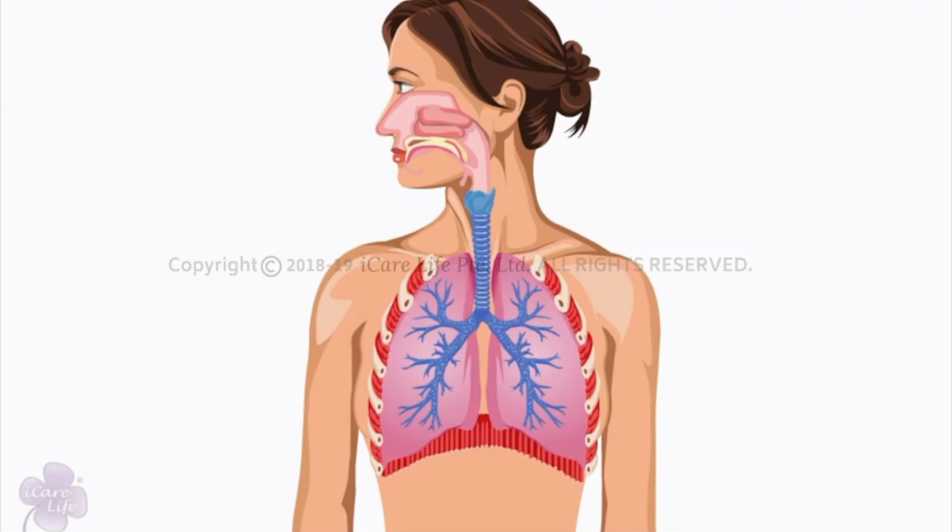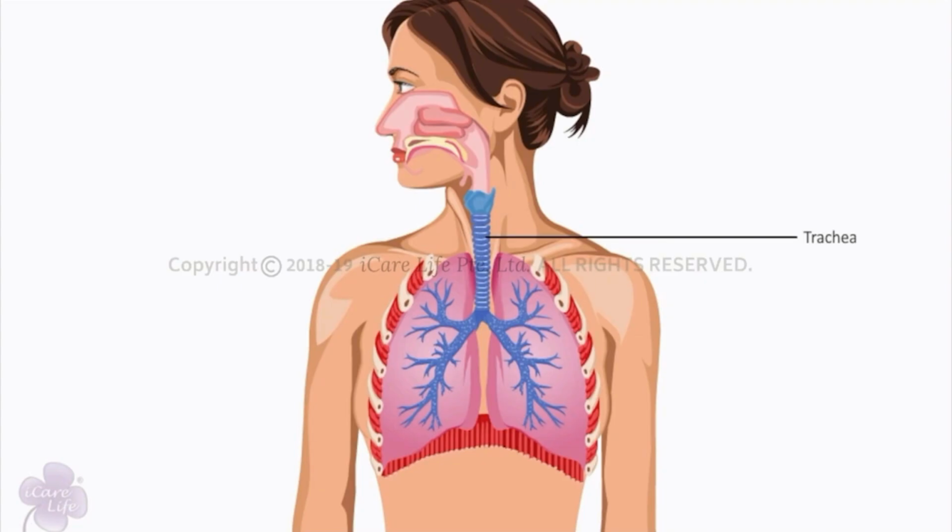The mouth and the nasal cavity meet at the pharynx, at the back of the throat. It carries both food and air. Below the pharynx, there is the voice box or the larynx. Below the larynx is the trachea, made up of rings of cartilage.